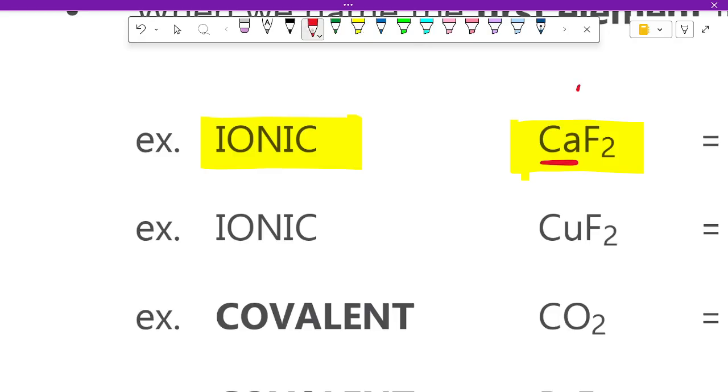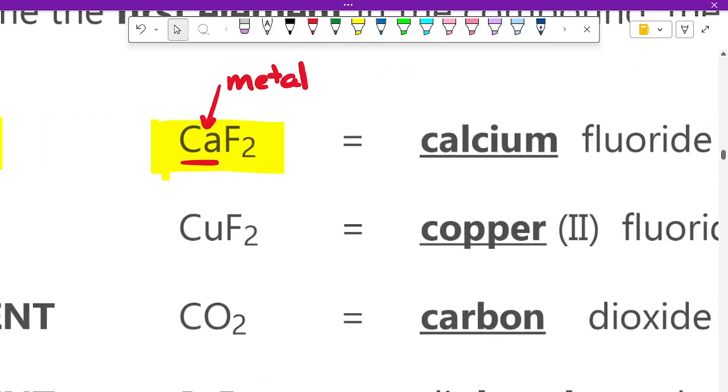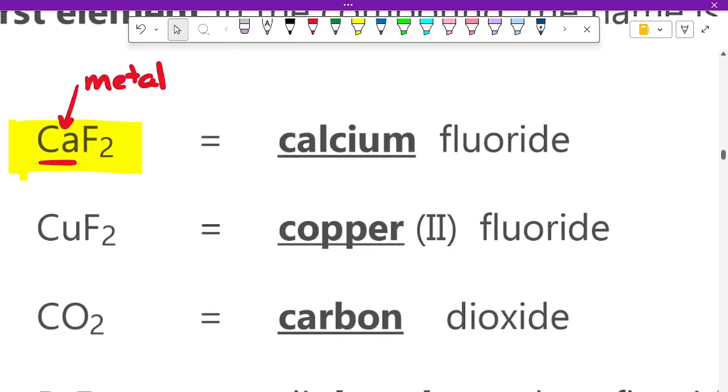Because calcium is a metal. Will we use prefixes? No. So you just say calcium and then fluoride. And don't forget, I will be marking spelling, especially on fluoride. It has to be UO and not OU.